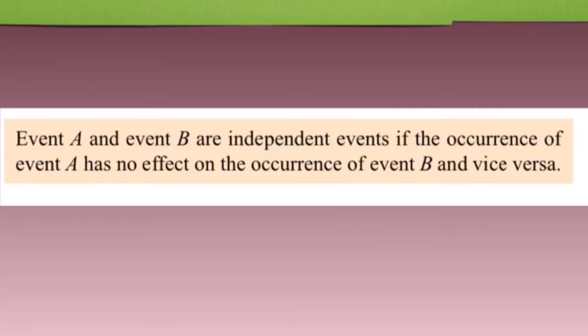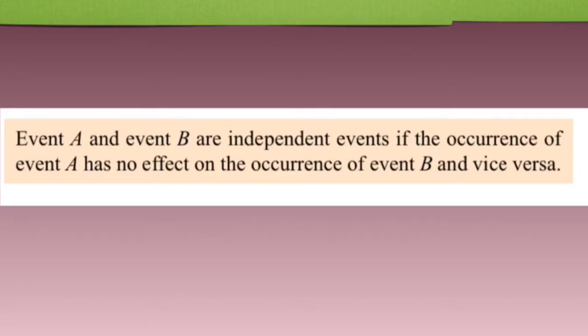Okay, students, today's learning standard is to differentiate between dependent and independent events. So how do you differentiate between independent and dependent events? Combined events can be categorized as dependent events and independent events.